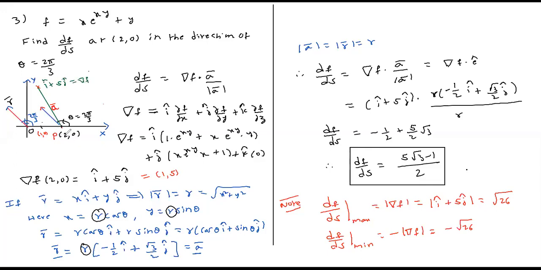That means the surface may be like this. When you write down the level surface, the surface may be like this, and the normal vector is in this direction. Can you see that? So you are getting the maximum value of the directional derivative as root 26.